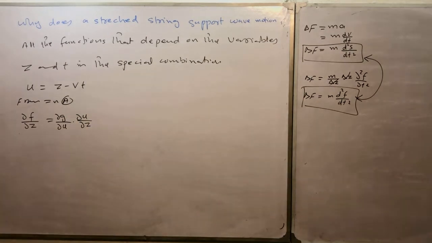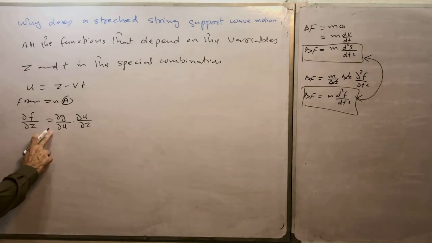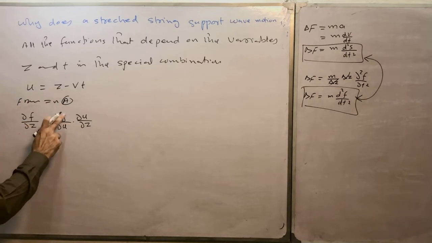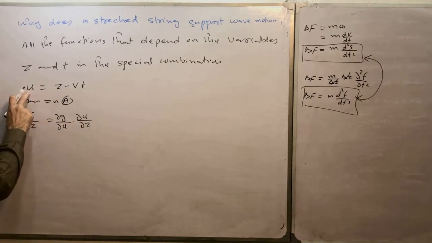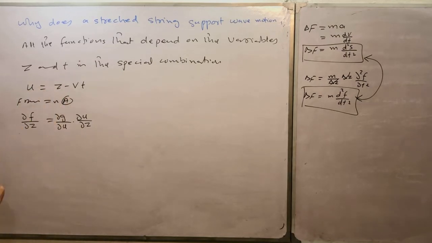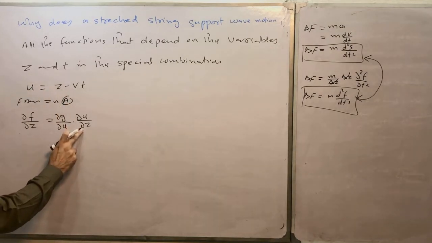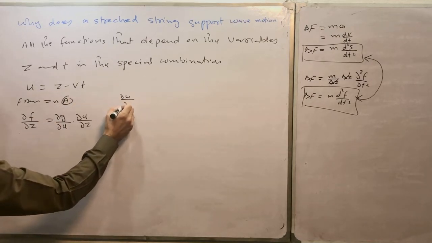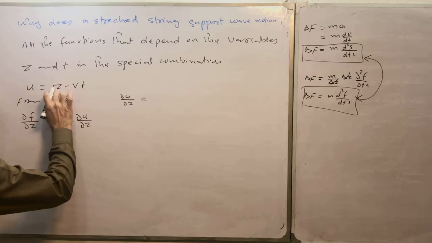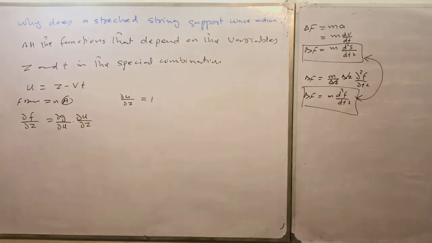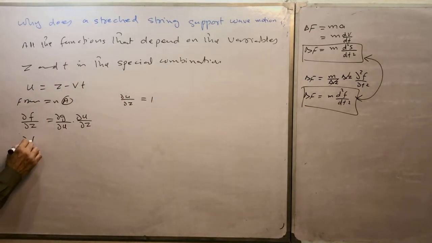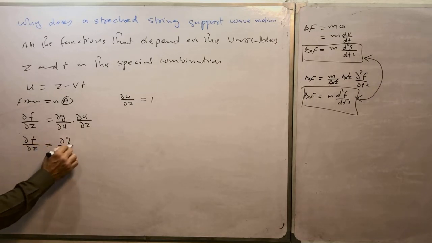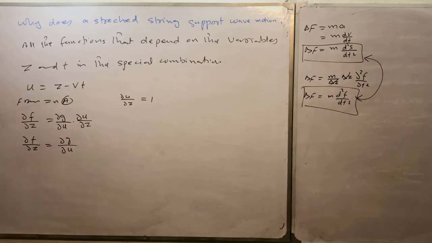So I can write this with the chain rule in equation A, and I have already defined u, which is equal to z minus vt. Then if I differentiate partial u divided by partial z, this is equal to 1, and the other term is equal to 0. It means that partial f divided by partial z is equal to partial g divided by partial u.